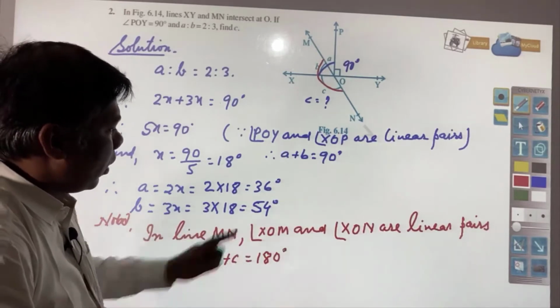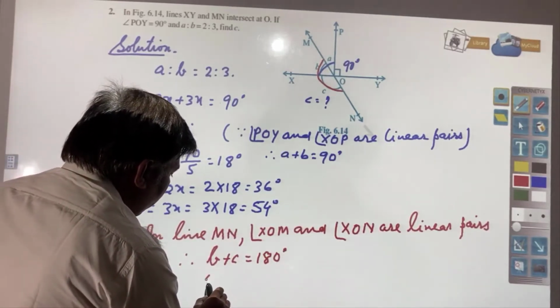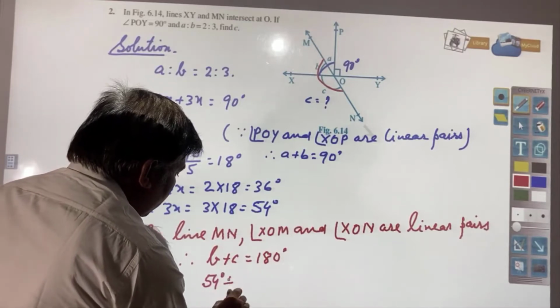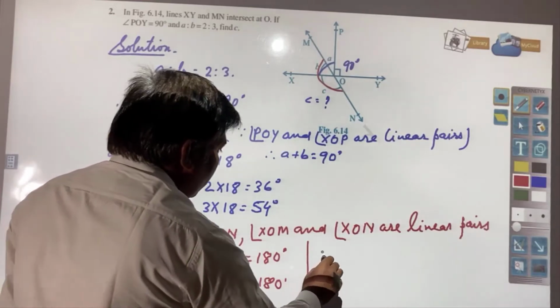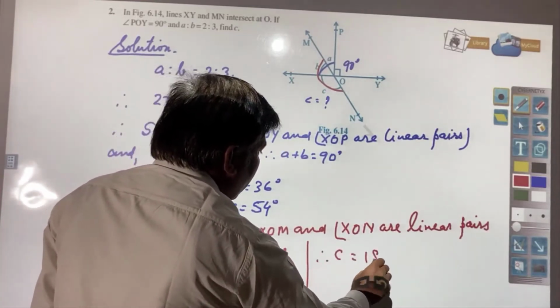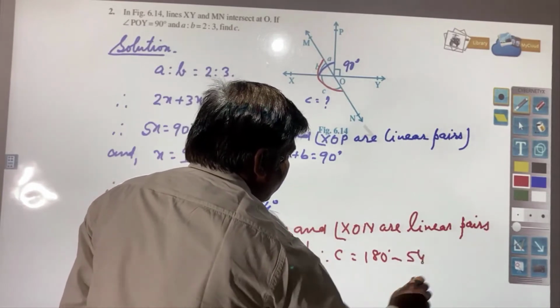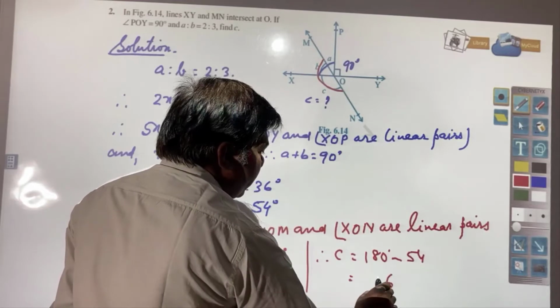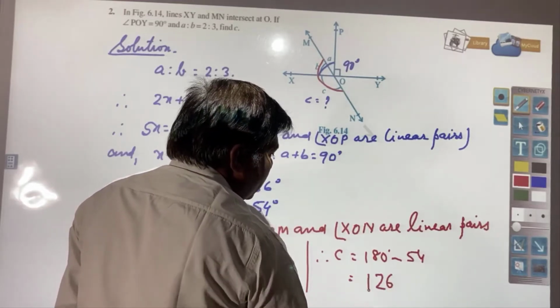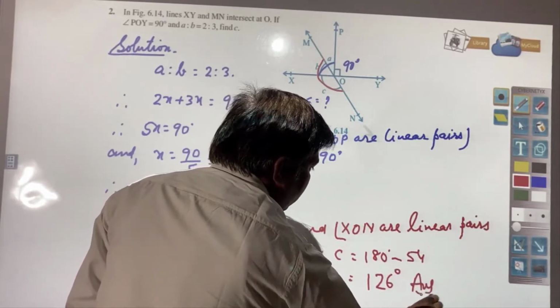Now B we have got 54 degree. So 54 degree plus C will be 180 degree, and therefore C will be 180 minus 54. You subtract this. 10 minus 4 is equal to 6. 7 minus 5 is equal to 2, and this is 1. 126 degree, and this will be your answer.